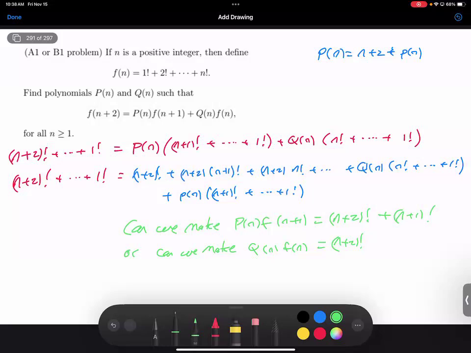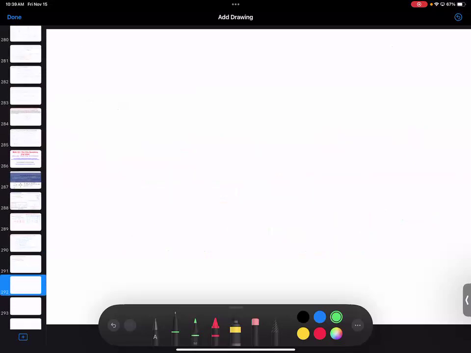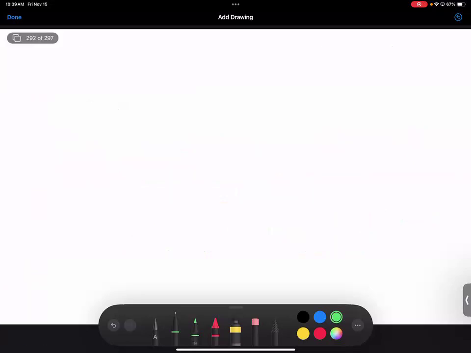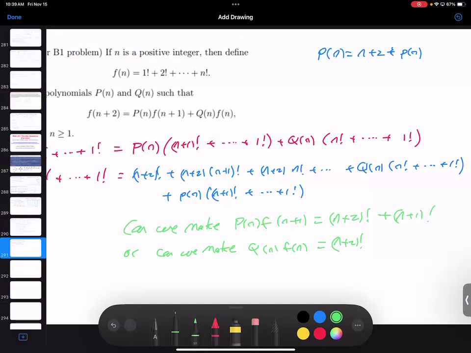So you would want to have q of n to have some quadratic, maybe, because we've got to get up to it, the leading term has to be 1, so it has to be like n squared plus an plus b times n factorial plus (n-1) factorial plus dot dot dot plus 1 factorial. And we wanted that to be (n+2) factorial.